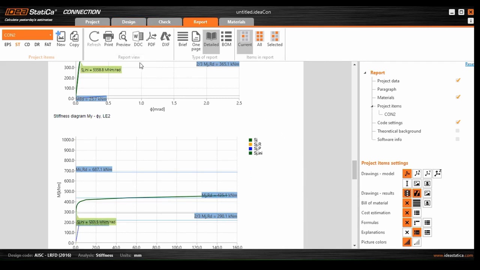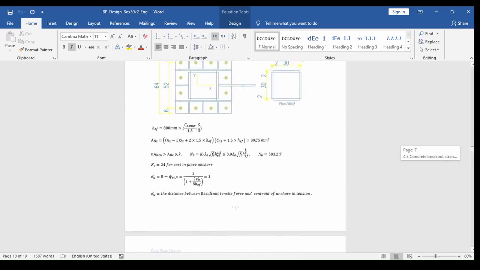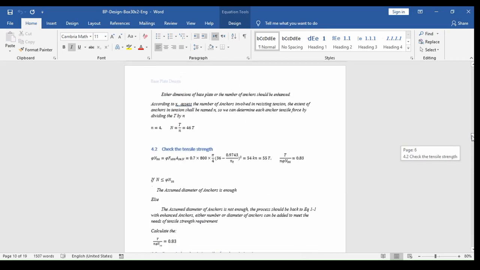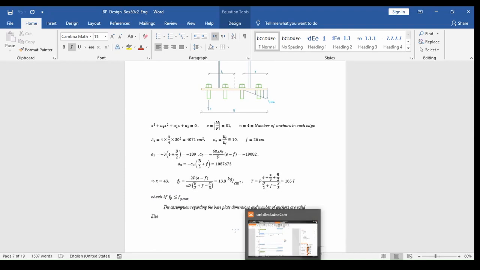I believe I want to compare the result from simple equations and IDEA. If we go back to the file that we produced with simple equations, the total tensile force is estimated less than what we obtained from IDEA. For example, here we obtained a total of 185 ton tensile force in anchors, but in IDEA, as I showed you before, the tensile force in anchors is much bigger.